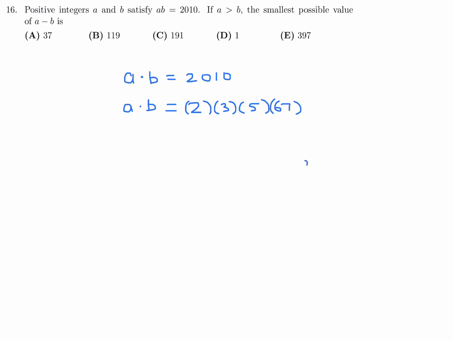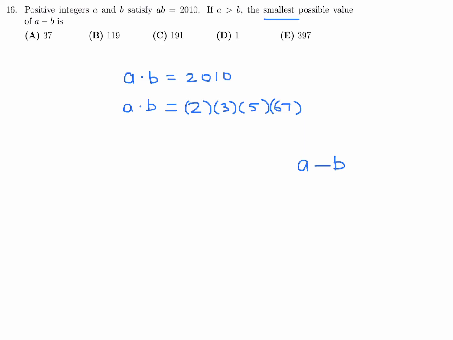So we have to figure out what a minus b could be, and in particular, the smallest possible value. Well, the smallest possible value is probably going to be obtained when the numbers are as close together as possible.